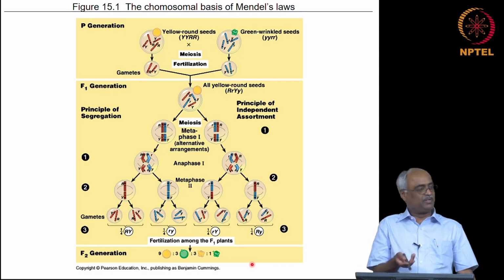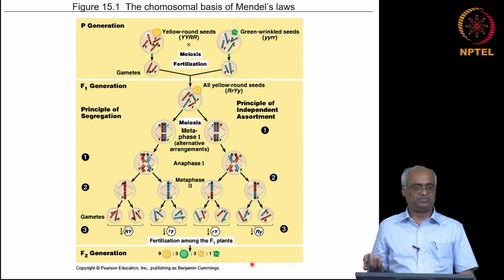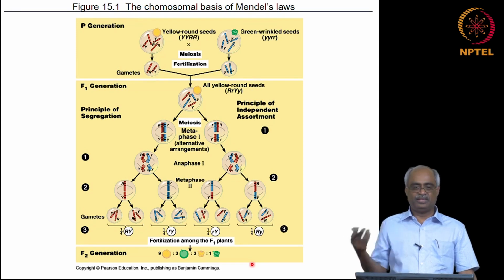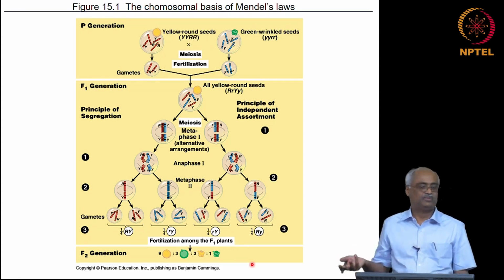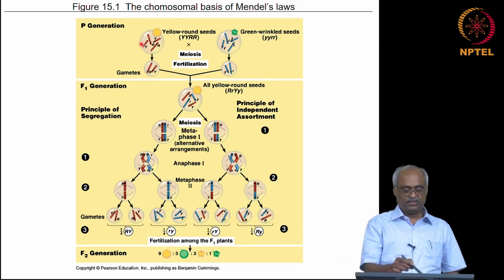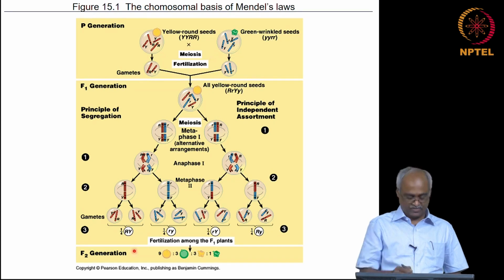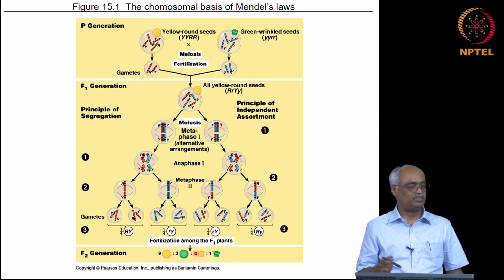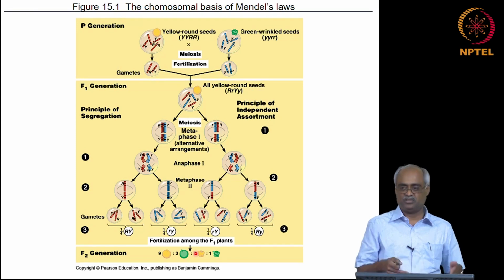Now if they are in two different chromosomes, you will follow 9:3:3:1 ratio in a normal cross from F1 to F2 without test cross. And if they are on the same chromosome, you will follow 3:1 ratio, right? Like for this capital Y and small y coming together here in the various combinations, it is 1:2:1 ratio and phenotype is 3:1 ratio.